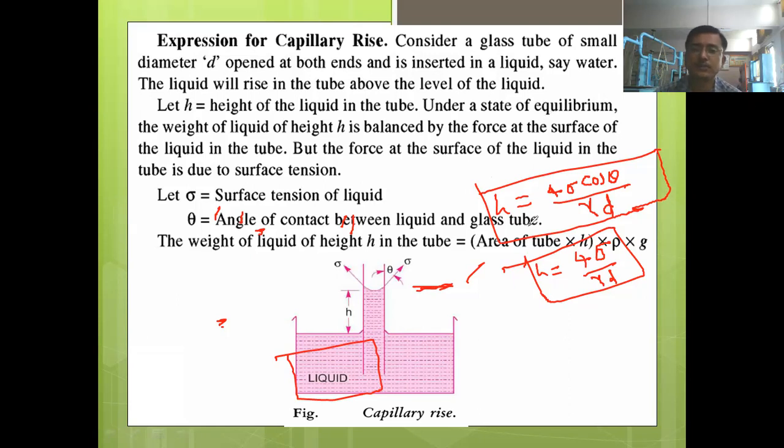Write down the equation: h is equal to 4 sigma cos theta divided by gamma d, or have other equation here.